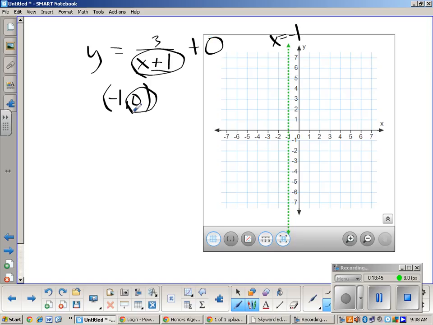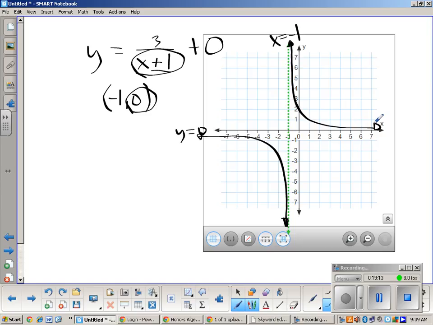It's still on the x-axis, so the horizontal asymptote is still y equals 0. When I graph this, it's a positive 3 still, so it's still going to be in quadrants 1 and 3. So it's going to look something like this.